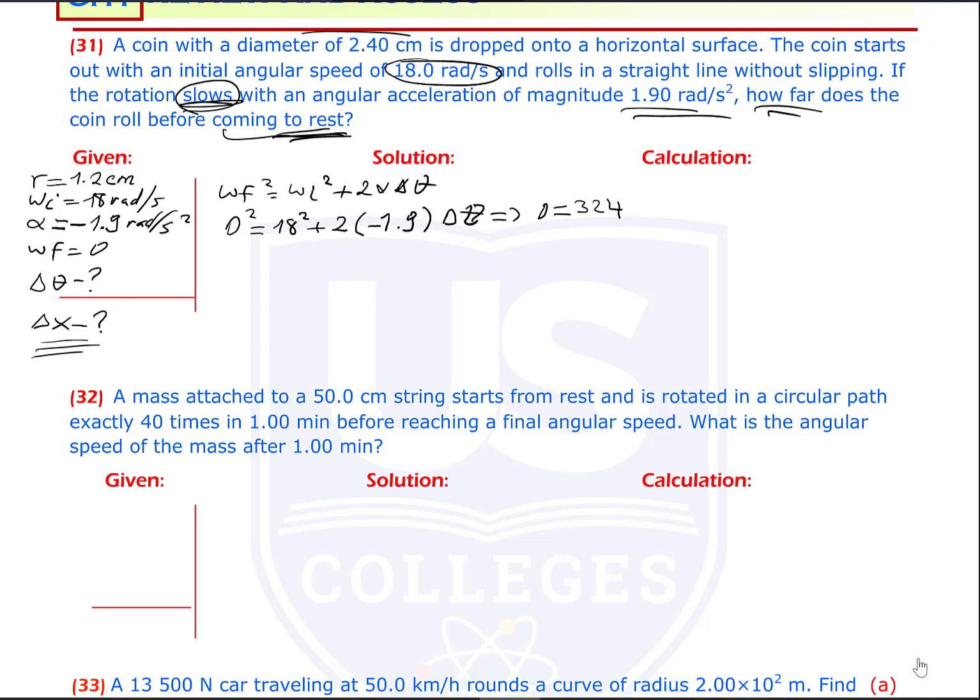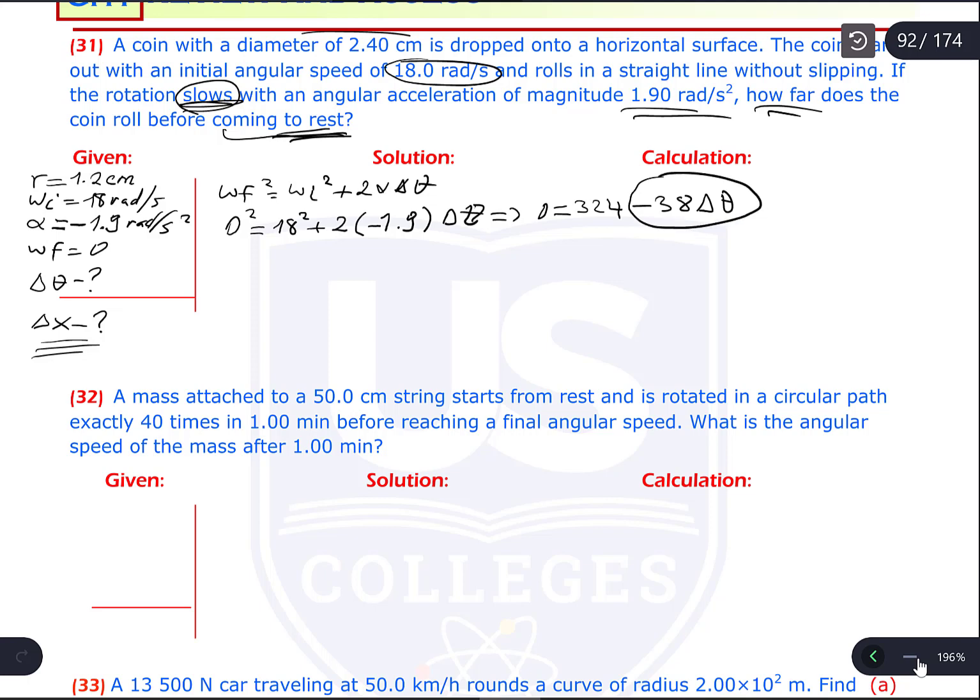2 times negative 1.9 is negative 3.8 delta theta. So we take this negative 3.8 delta theta to the left side, and it becomes positive 3.8 delta theta equals 324.